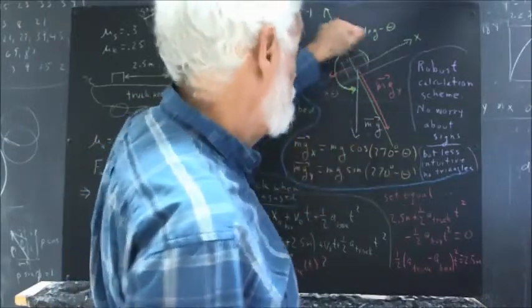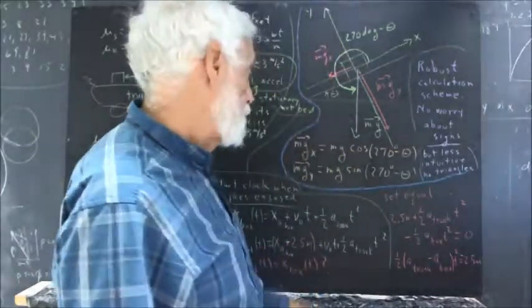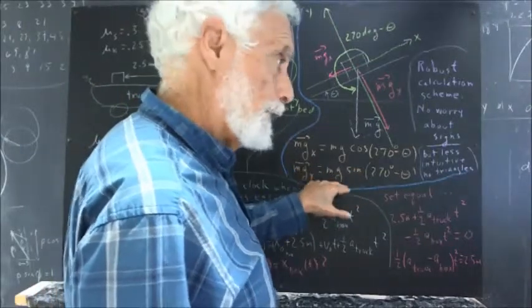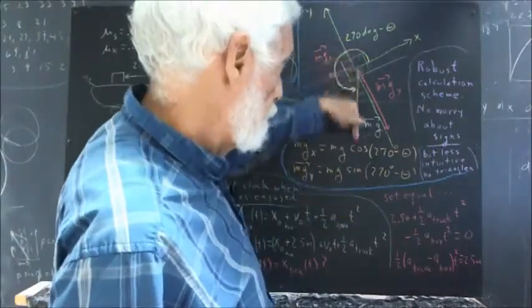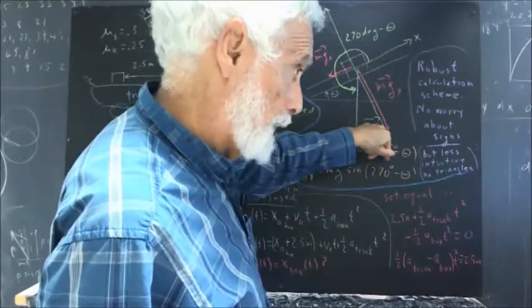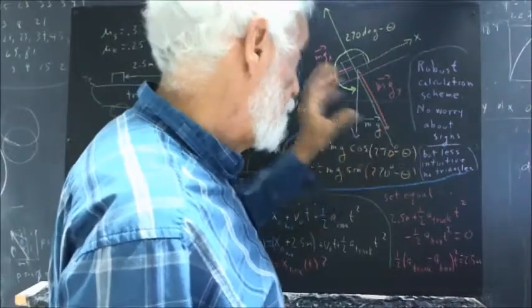The angle is measured counterclockwise from the positive x-axis. And you get the y component by multiplying the magnitude of the vector, in this case mg, times the sine of that same angle. The signs take care of themselves.